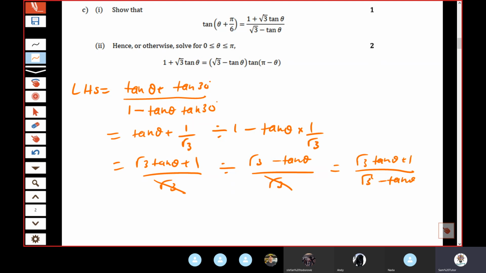Just how it's worked. Okay, do the next bit, answer otherwise solve. So what's happened? Oh yeah, I see it. So this divided by root 3 minus tan also is tan 180 minus theta, isn't it?